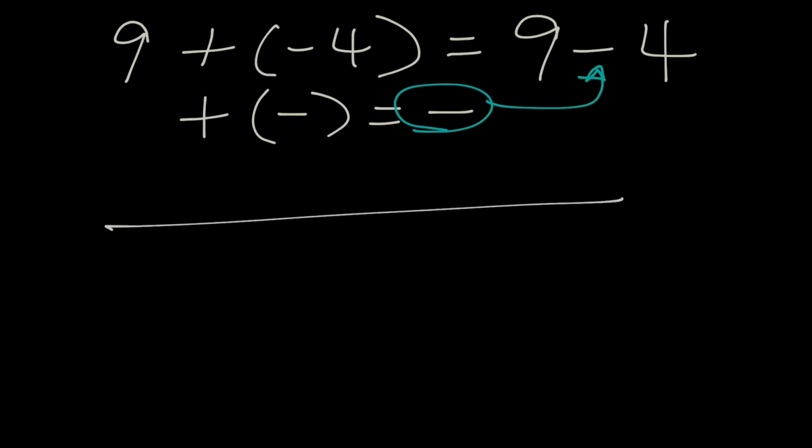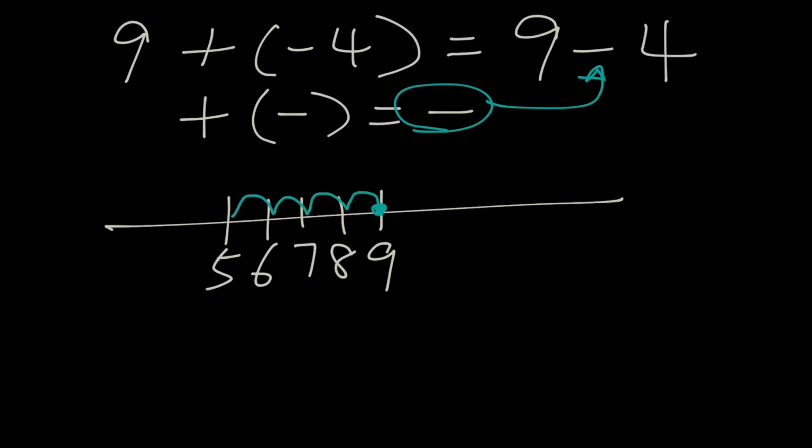Now if we look at it from the number line, we start at 9 and we're minusing 4, which means we're heading toward the left 4 spaces. So that's 1, 2, 3, 4. If we write it out, this will be 8, 7, 6, 5. So the starting point is 9, and we head 4 spaces, and ultimately we end up at 5. So the answer for that is 5.